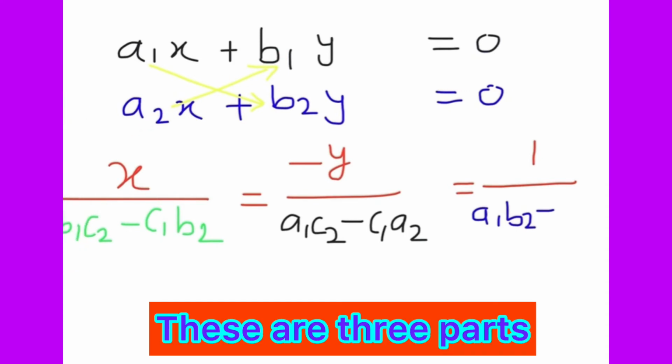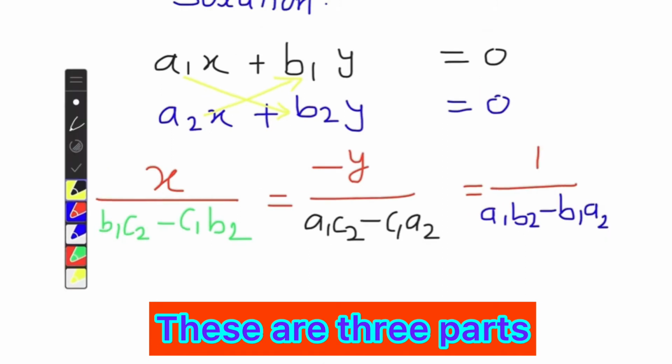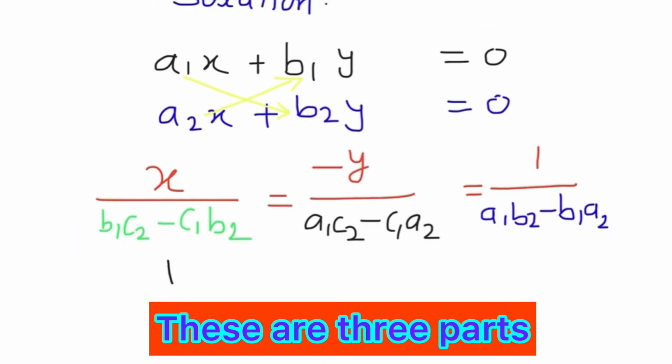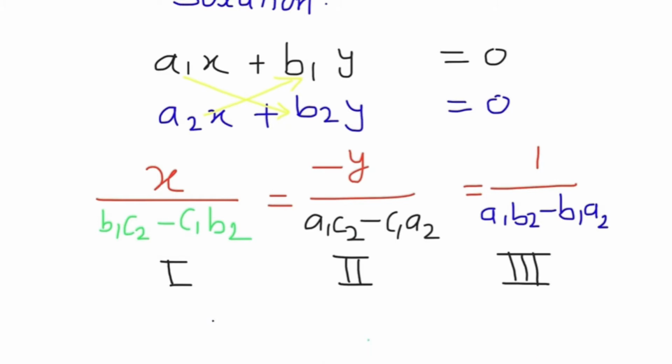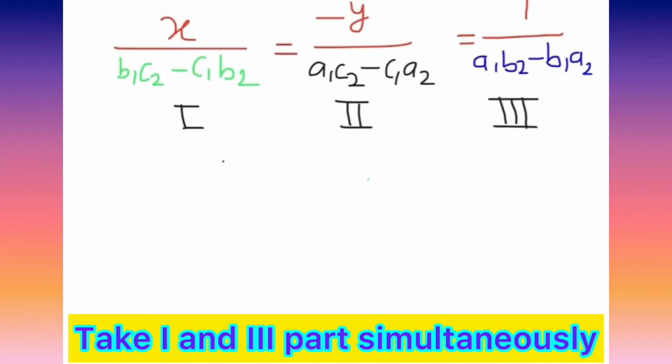So you will write here b1 a2. Let us say this is the first term, this is the second term, that is the second part, and this is the third part. Okay, so here you will get 3 parts, and the first part and the third part you will select simultaneously.